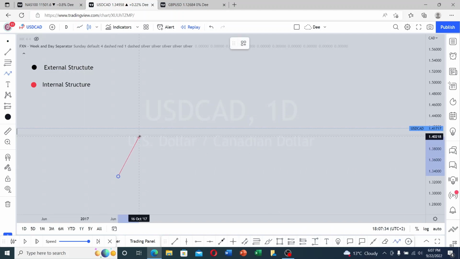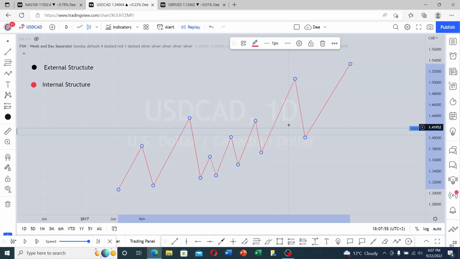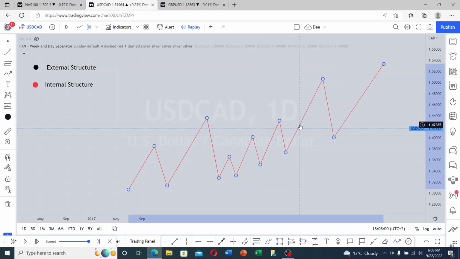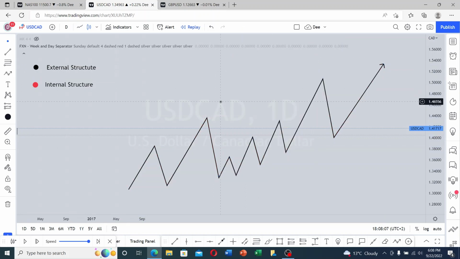So basically, we'll have something like this: break of market structure. This is a bullish example. We can change the color, make it 2 pixels and black.